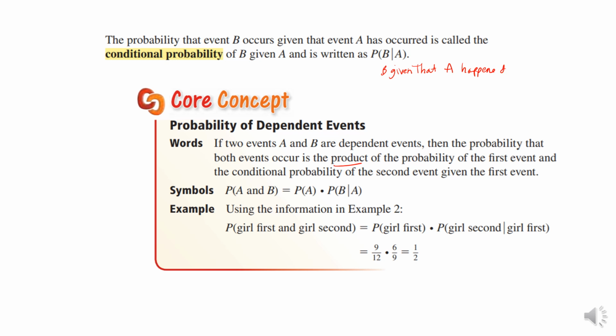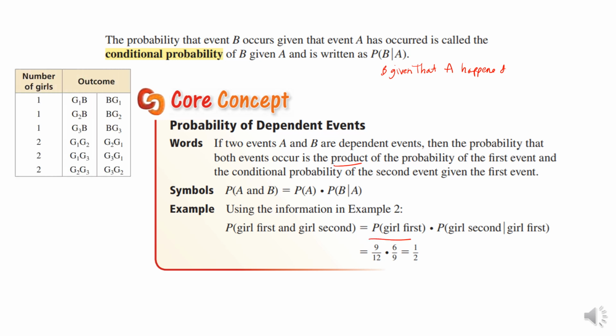Okay? So if we're going to go back to the example we did before of the girls speaking, the first thing is the probability of girl first. So we found that one by the probability of girl first. There were 9 out of 12 of those. So that's the probability of girl first. In order to look at the second one, we're going to take how many of them had girl first. Okay, so look at girl first.